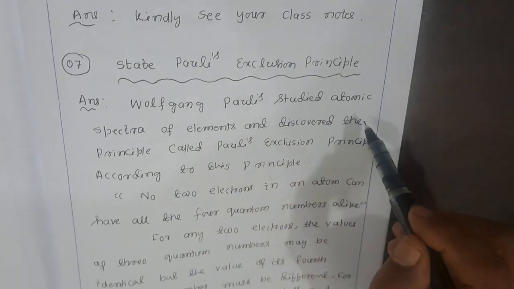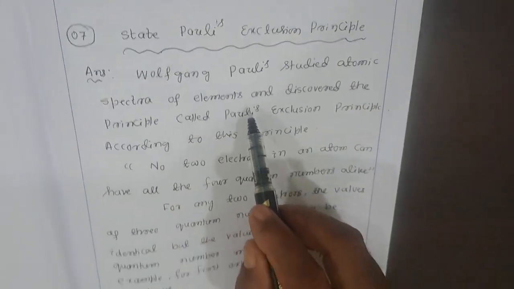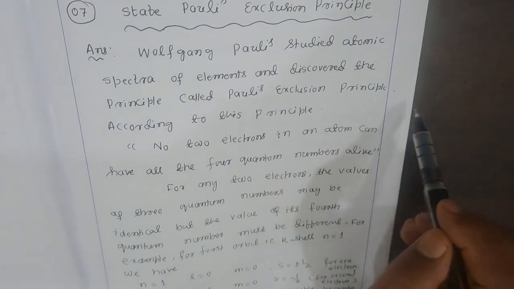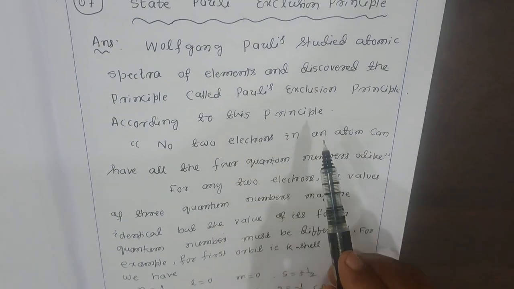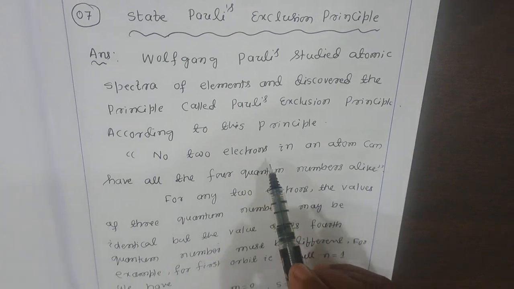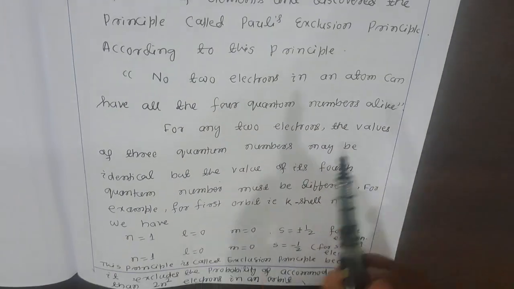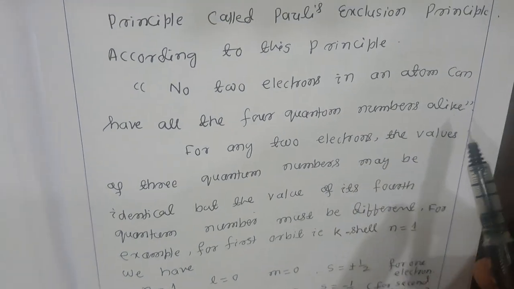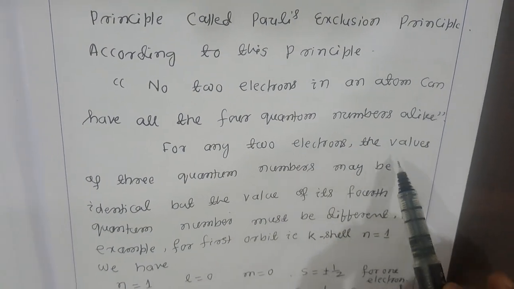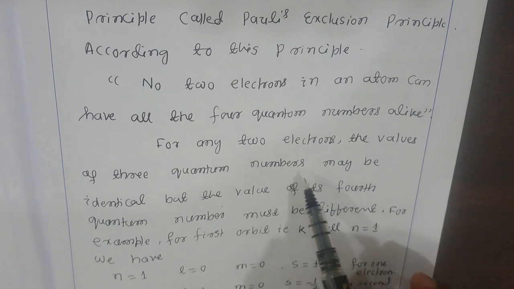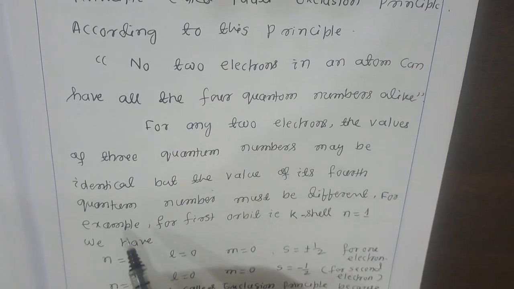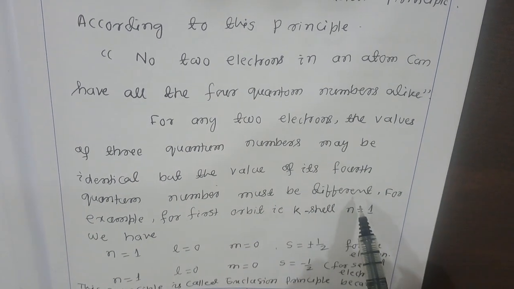Wolfgang Pauli studied atomic spectra of elements and discovered the principle called Pauli's exclusion principle. According to this principle, no two electrons in an atom can have all the 4 quantum numbers alike. For any 2 electrons, the values of 3 quantum numbers may be identical, but the value of its 4th quantum number must be different.